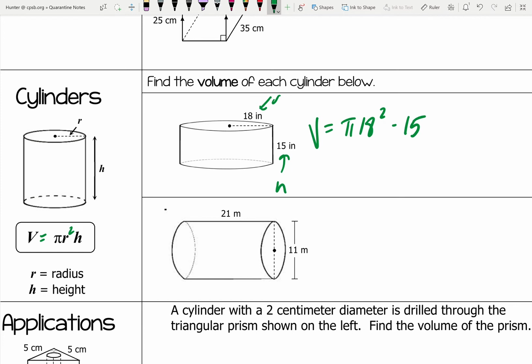Plug all that into my calculator. So it gives you an exact answer, which is 4860 pi. That's approximately 15,268.14 inches cubed.